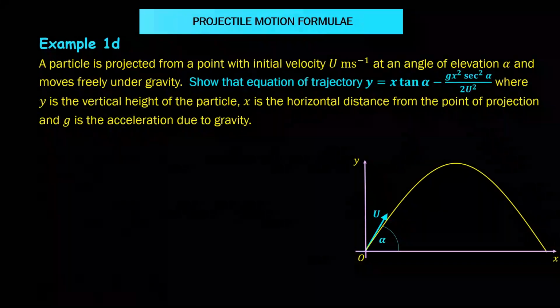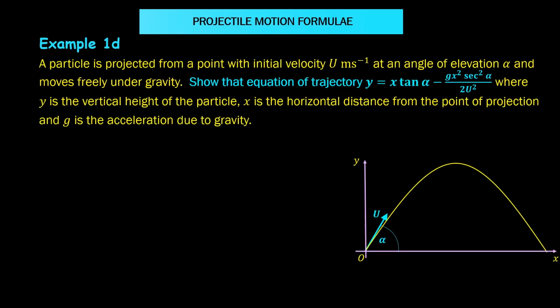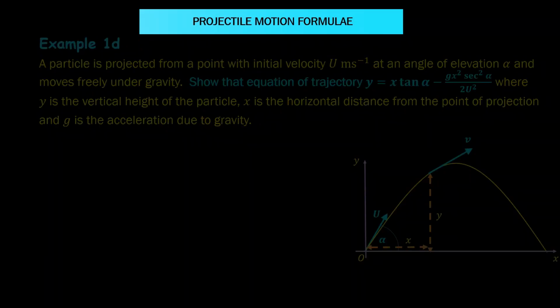Now let's take a look at part D. We are required to show that the equation of the trajectory y is as shown. So let's solve this.